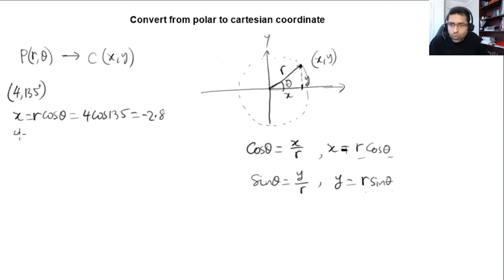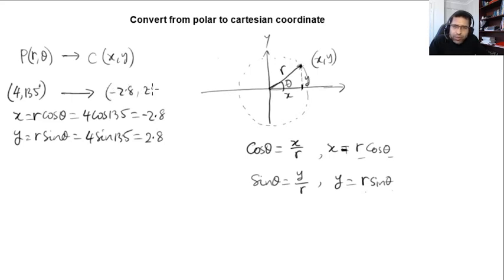Then y equals r sine theta, so 4 sine of 135, and you get 2.8. So our x, y will be minus 2.8 as x and 2.8 as y, and it is located in the second quadrant.